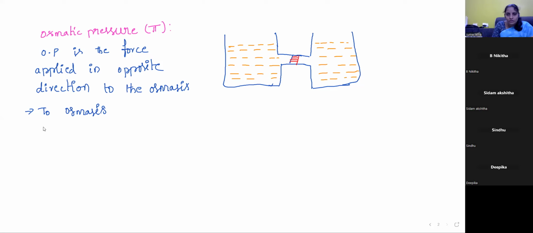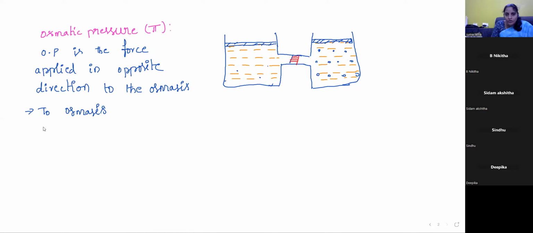In the solution, solute particles are also there. Here only a few particles are there.